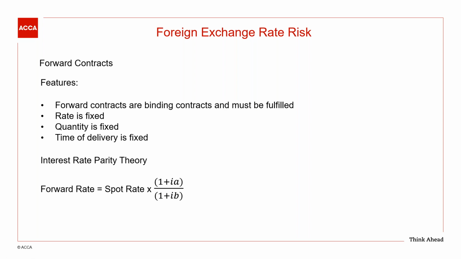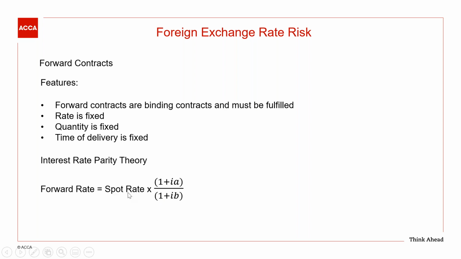Which country's interest rate should be in the numerator? Pakistan rupees. It should be Pakistan rupees because the rate that I have told you is in Pakistan rupees. Therefore, the interest rate should be of Pakistan, right? This is what we should be doing.